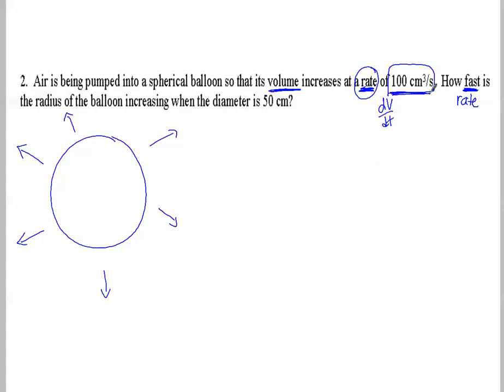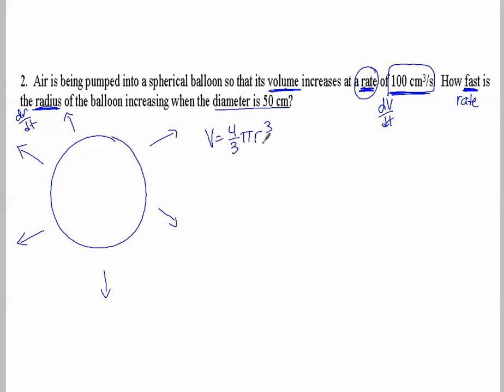How fast? Another rate. This time the radius. How fast is the radius? That's a dr/dt. Increasing when the diameter is 50 centimeters. So my picture should probably include something about volume, diameter. If I think of the formula for the volume of a sphere, 4/3 pi r cubed.